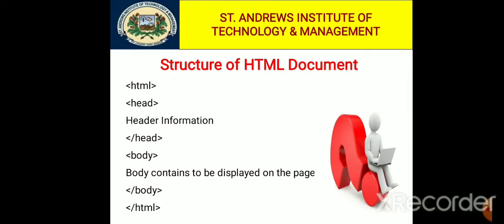HTML documents typically have a head and a body element because these are the two major sections of the structure of an HTML document. An HTML document uses HTML tags. In further slides we will discuss HTML tags. So this is the structure of an HTML document.